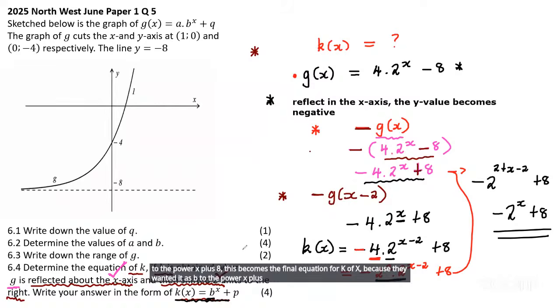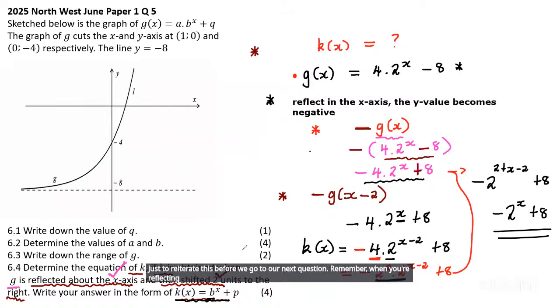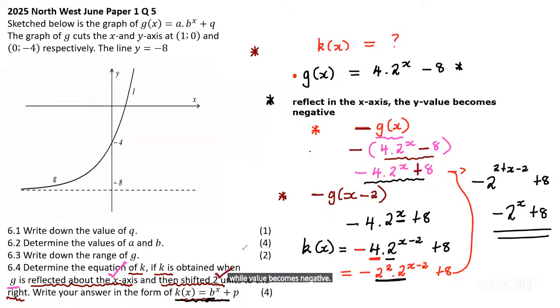Just to reiterate this before we go to our next question, remember, when you're reflecting in the x-axis, the y value becomes negative. The opposite is true, by the way. If you reflect in the y-axis, the x value becomes negative.